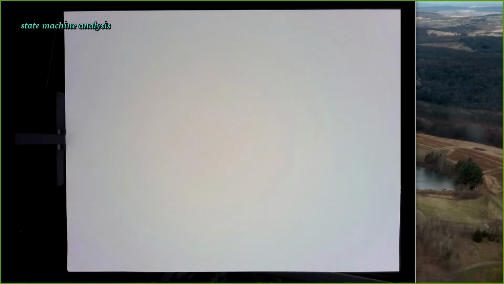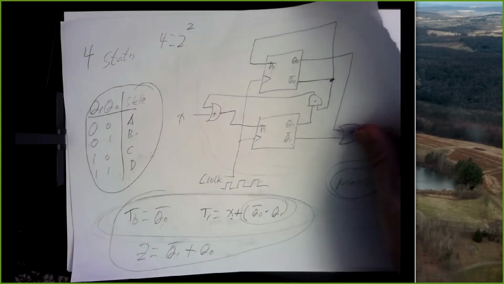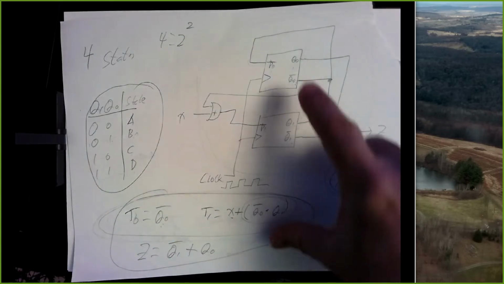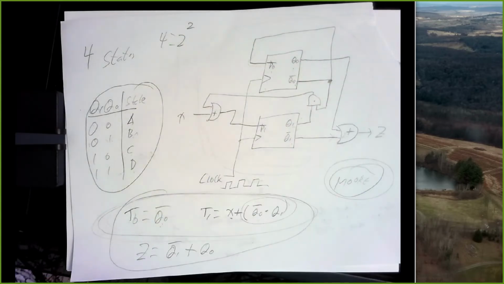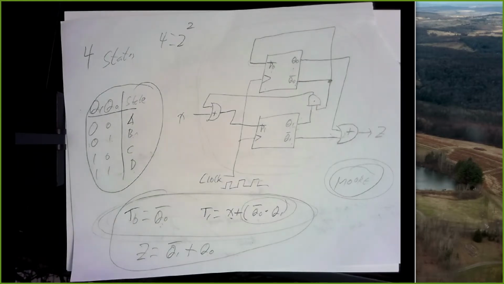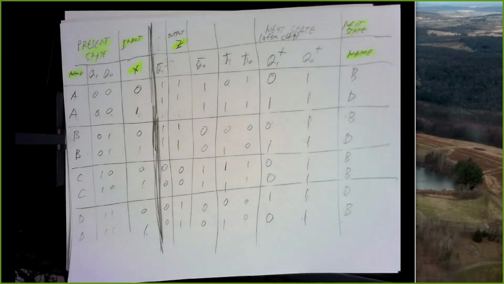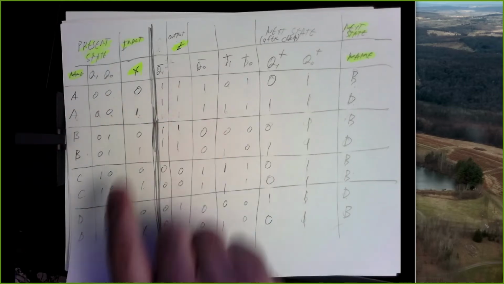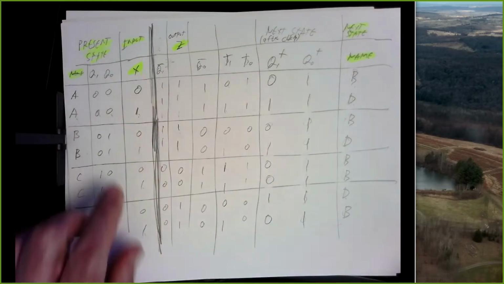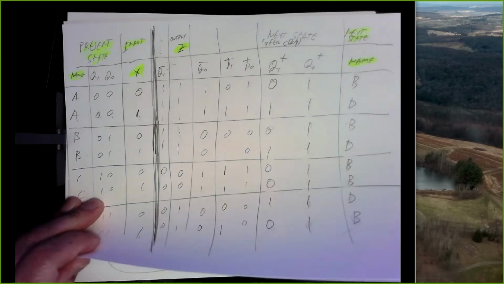So let's look at more state machine analysis. We went through an example last time where we started with this system, which originally had D flip-flops, and we came up with the equations. We converted those into a state transition table and figured out, based on your present state and your input, what is your output and what's your next state.